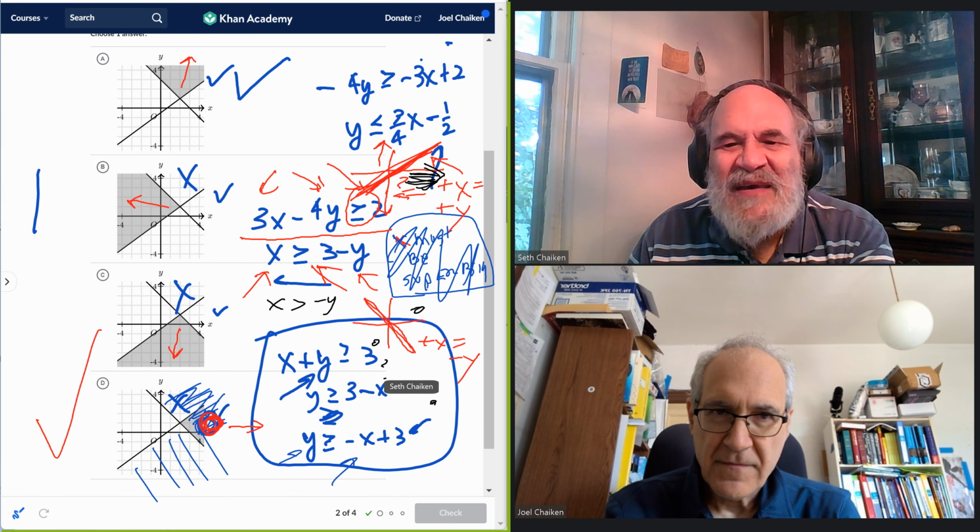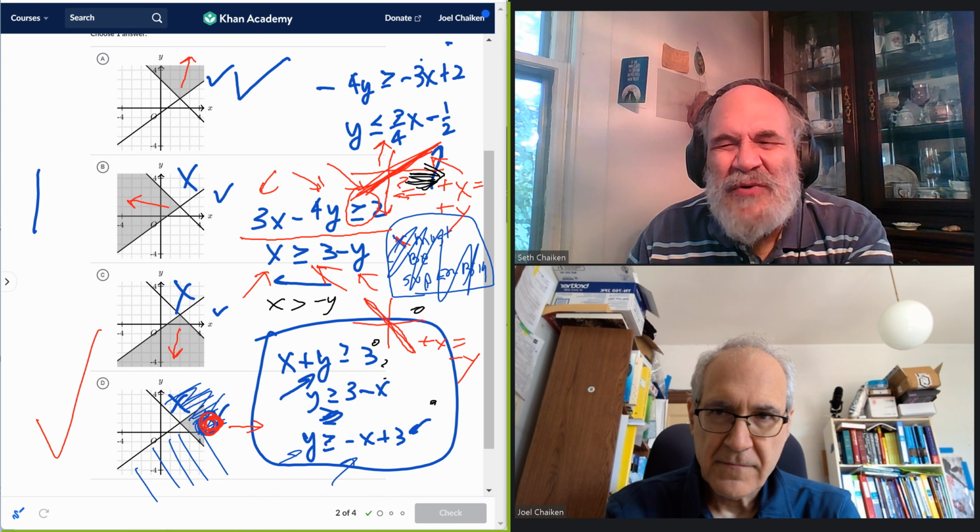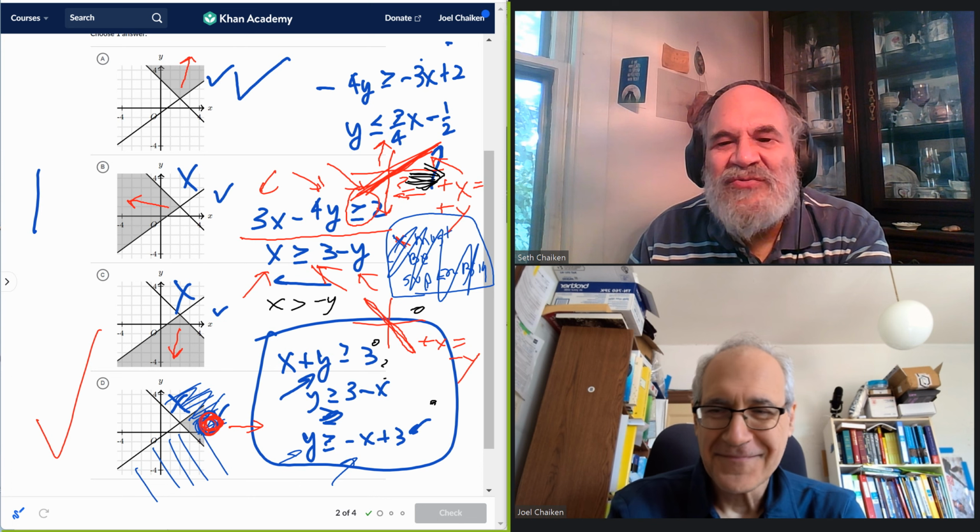Let me think. If we make x equals y, if we go along x equals y, no, not x equals y. If we go along, gosh, can I think? How can I think about this? Let me think about this. So we're in this region.